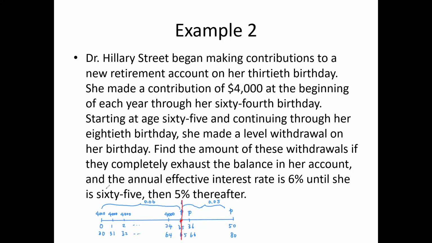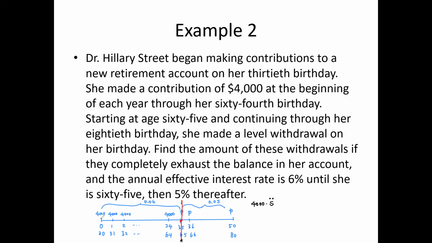All right. So I'm going to calculate the future value of the first part of the annuity. Because the $4,000 was contributed at the beginning of each year, we have an annuity due. For the first annuity, it's the future value. So I have $4,000 times s two dots, because it's an annuity due.